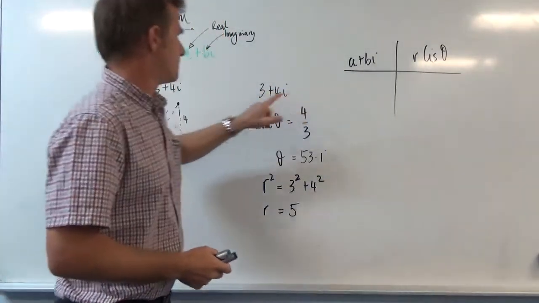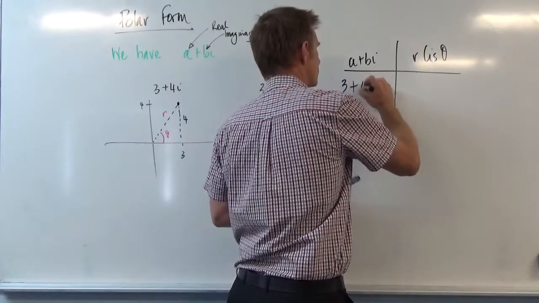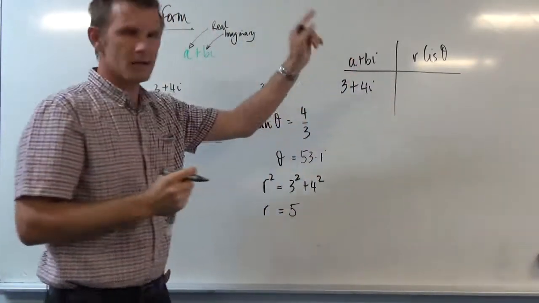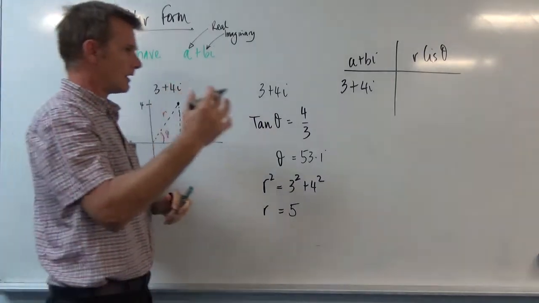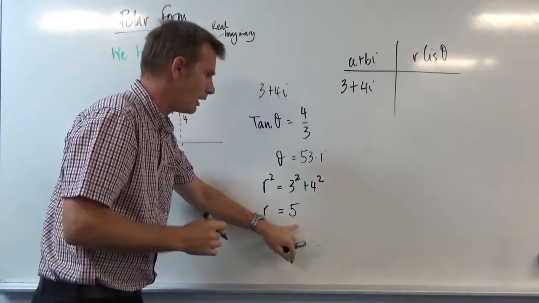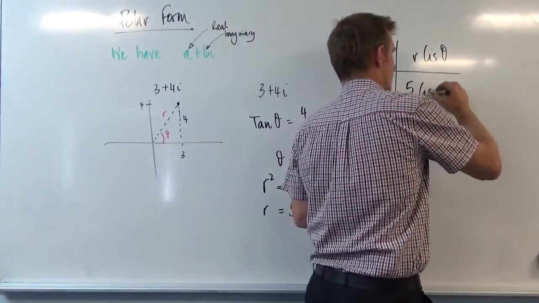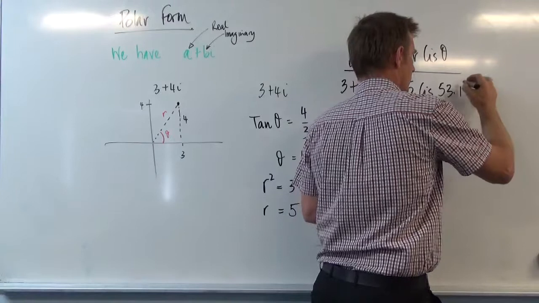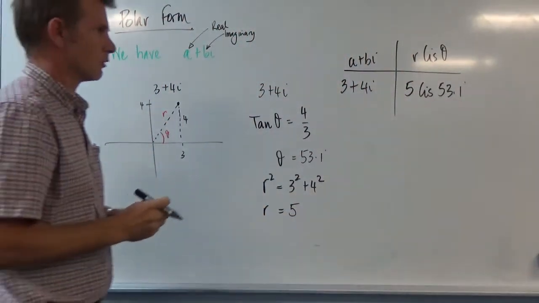So in a plus bi format, we've got 3 plus 4i. But in r cis theta format, and I'll explain that cis part a little bit more, we've got 5 cis 53.1. Now again, in degrees, probably could have used radians and chosen some numbers that were going to work better.